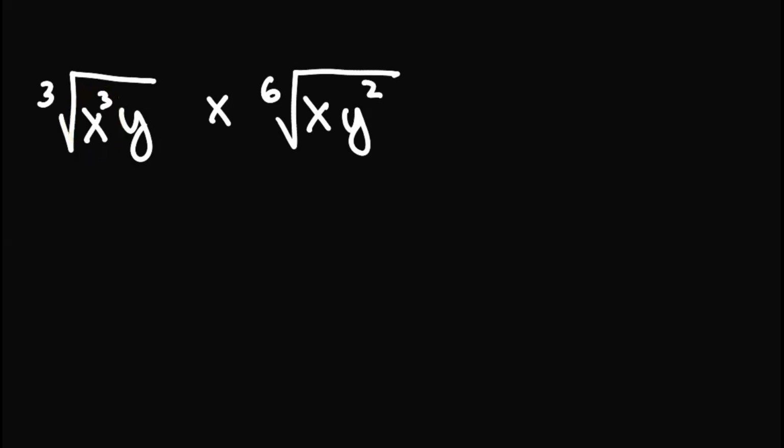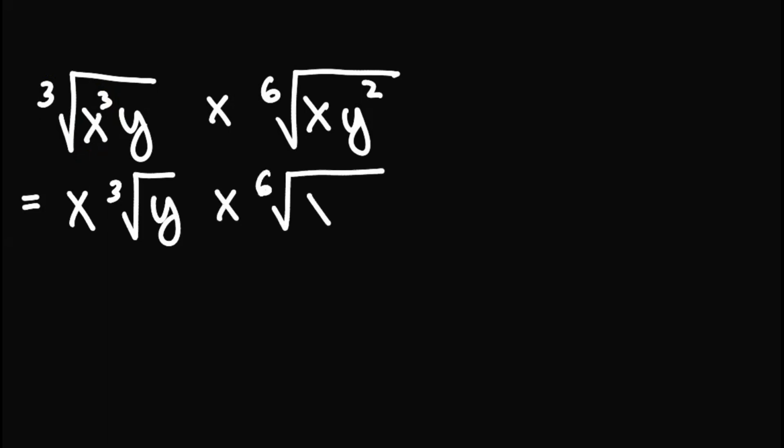Since we have x cubed out here and an index of 3, this one is equal to x cube root of y times 6th root of xy squared. So basically, we extracted x from the radical. And from here, we apply the method that we did in the previous example.